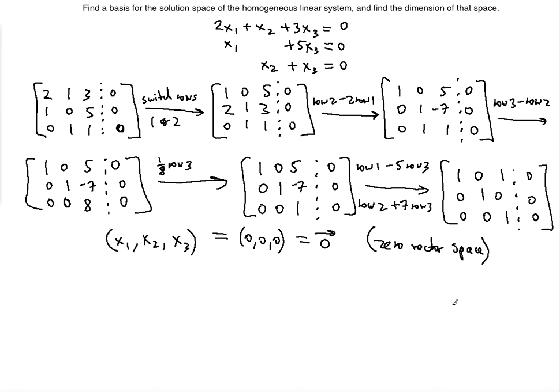When you have a zero vector space, the basis is going to be the empty set. You can indicate it like this, or like that, the empty set. This can be treated as no basis.